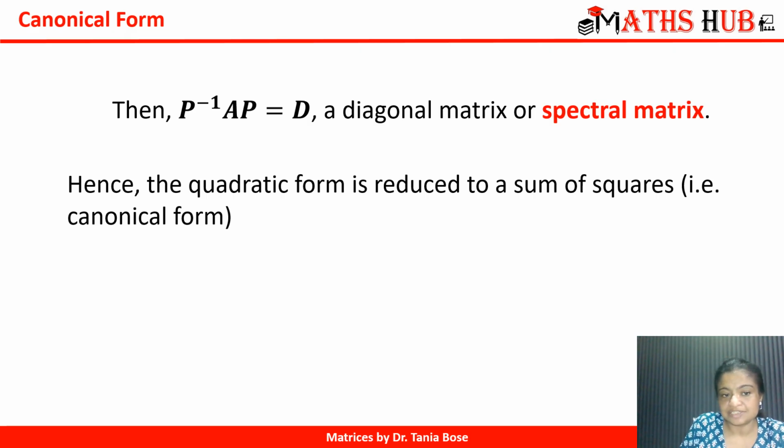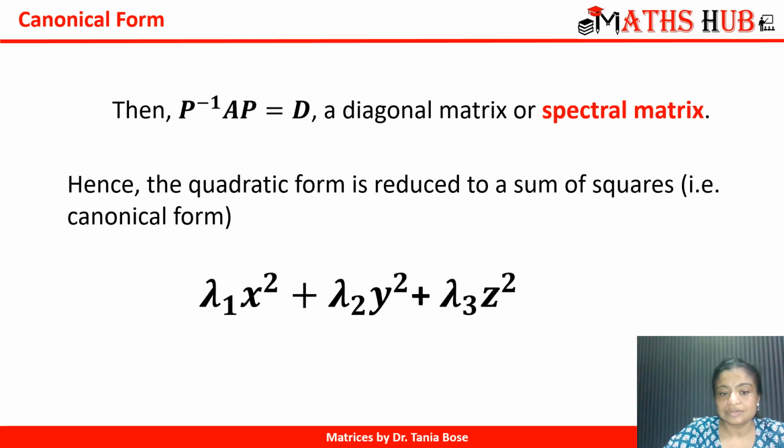Sometimes instead of canonical form, we also say that it is a sum of squares form, because you only get elements along the diagonals. When you have the matrix converted into the diagonal form, you will get lambda 1, 0, 0, 0, lambda 2, 0, 0, 0, lambda 3.